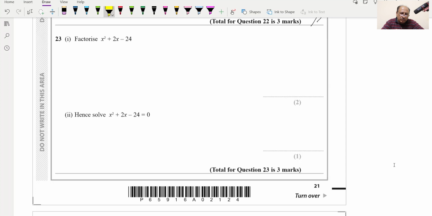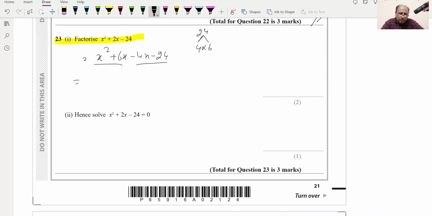Now question number 23, factorize. We have to factorize this one. We can rewrite it: 24 into the coefficient of x squared will be 1, and we can make pairs, so it will be 2 into 12, or 4 into 6, so 4 into 6 will work, and we can write x squared plus 6x minus 4x minus 24.